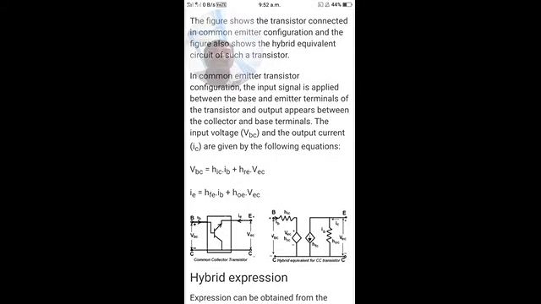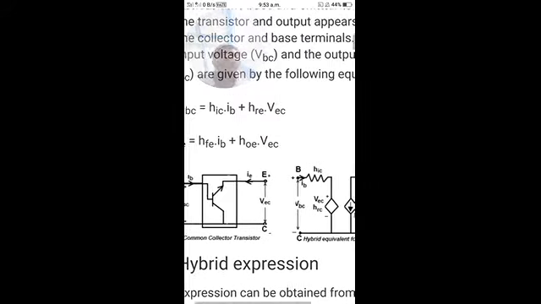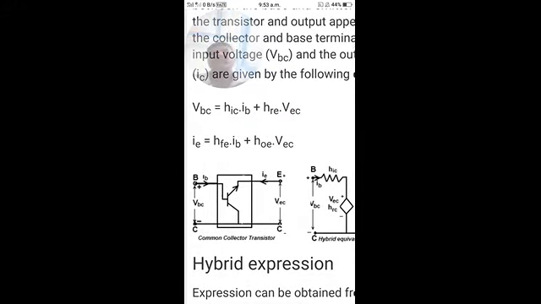For common collector configuration, the base acts as input terminal, emitter acts as output. So here see this figure. The input voltage is VBC and the output current is IE.